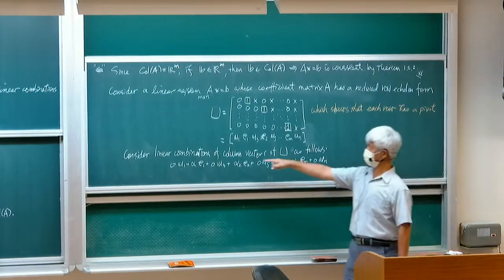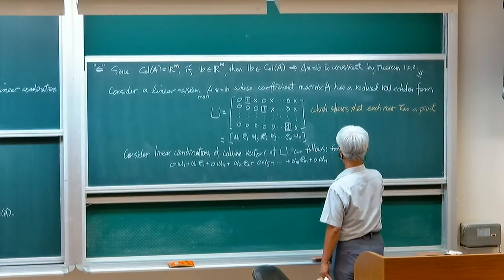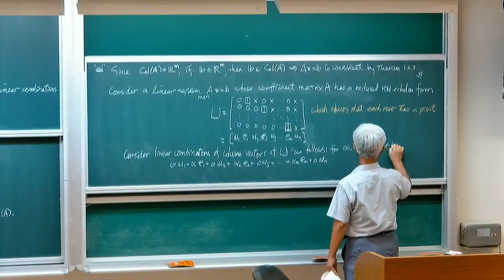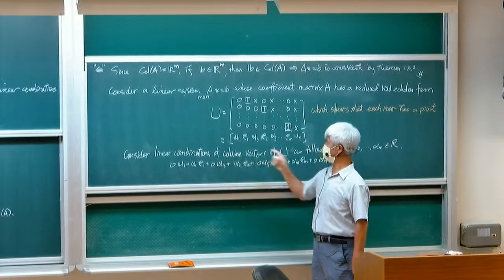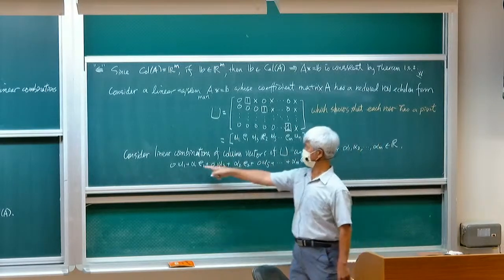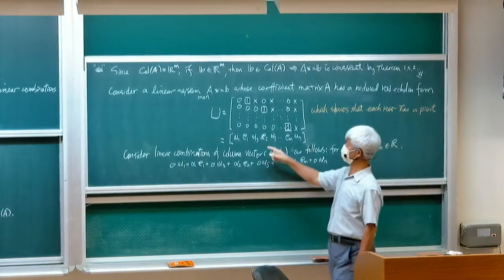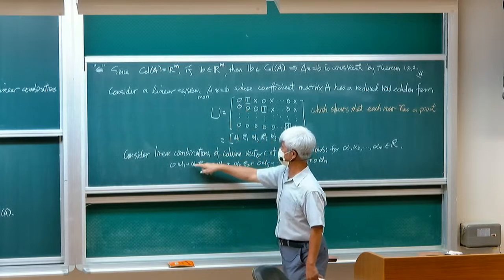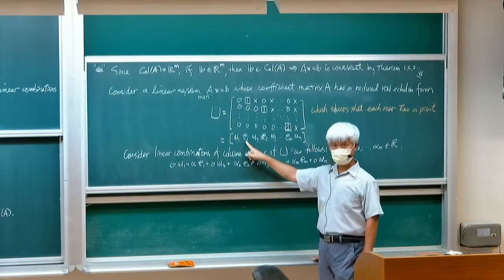So we have, for alpha 1, they are arbitrary. On R, we form linear combinations of column vectors of U. So you can see that. We particularly put 0 for columns other than the standard unit vectors.